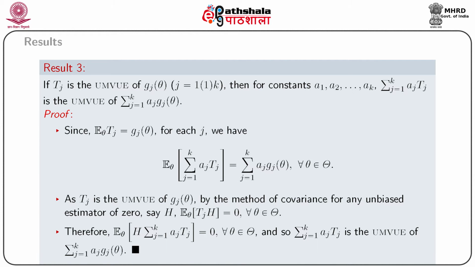Hence, summation a_i T_i is uncorrelated with every unbiased estimator of 0, and hence by the method of covariance, summation from i equals 1 to k a_i T_i is the UMVUE of summation from i equals 1 to k a_i g_i theta.